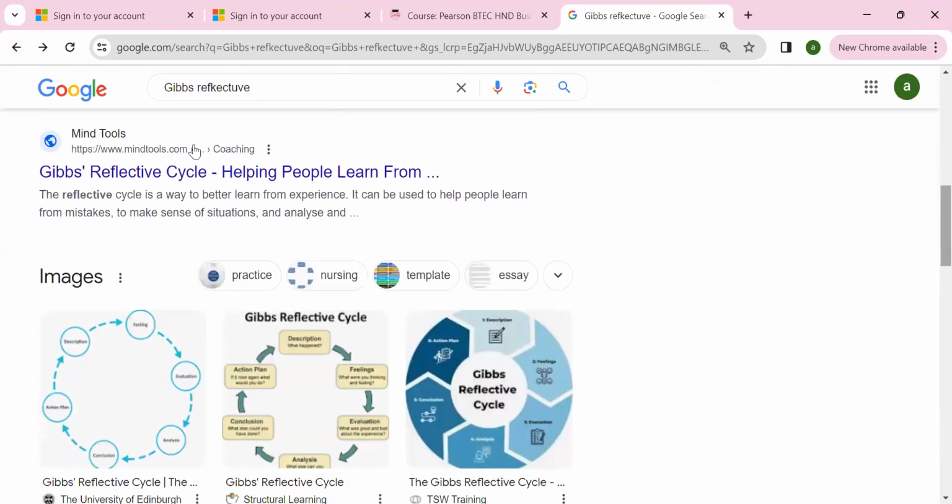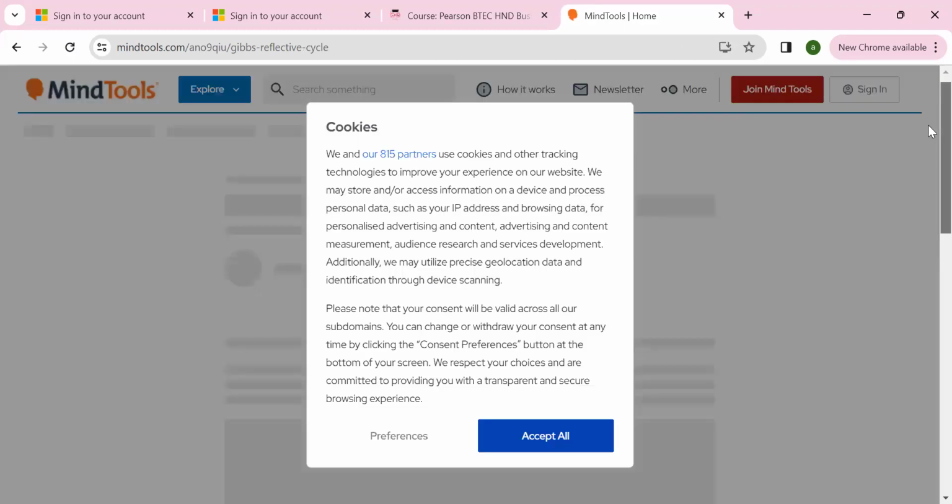But we can look at my tools. It's quite a good website to use. Okay, so here we can look at the reflective cycles.